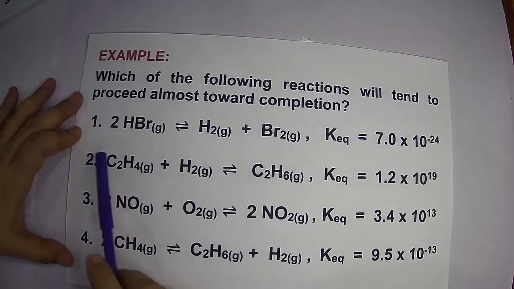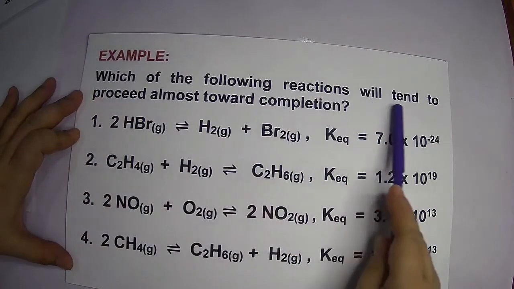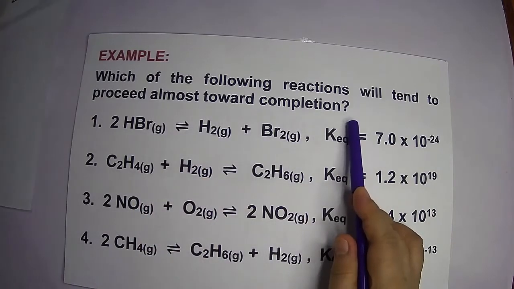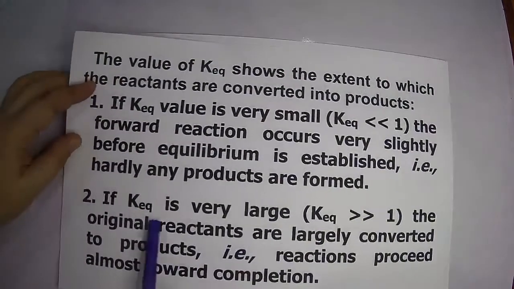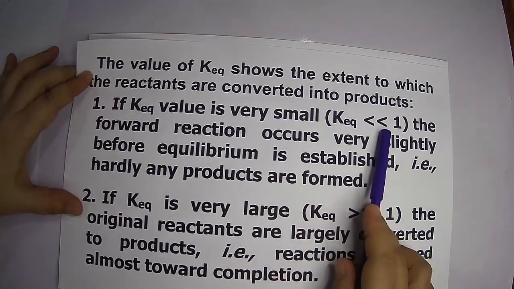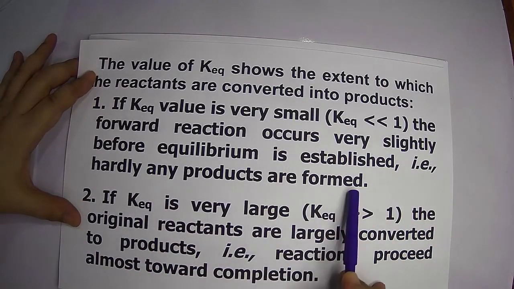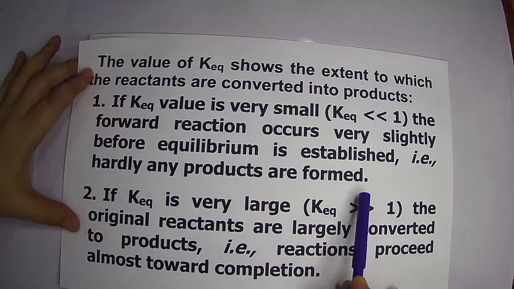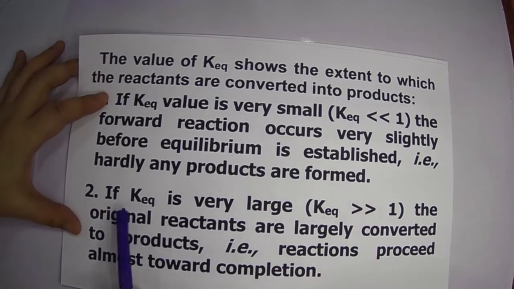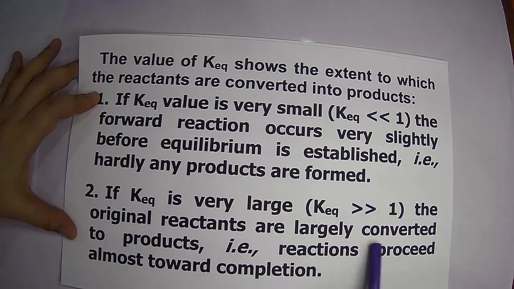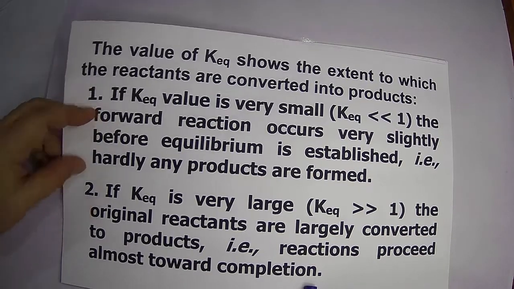Here we are asked to identify which of the following reactions will tend to proceed almost towards completion. Again, to recall, if the Keq value is very small, less than 1, hardly any products are formed and equilibrium is already established. And if the Keq is greater than 1, the original reactants are largely converted to products, hence the reaction proceeds almost towards completion.